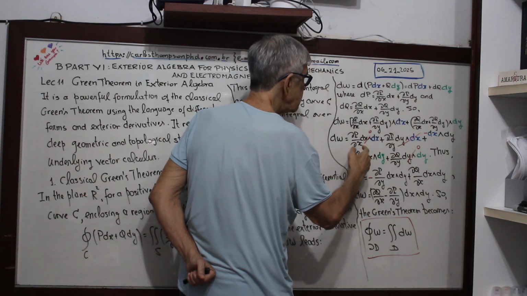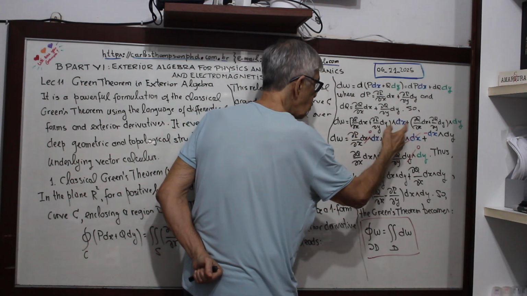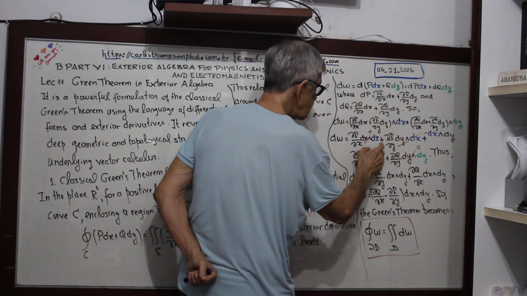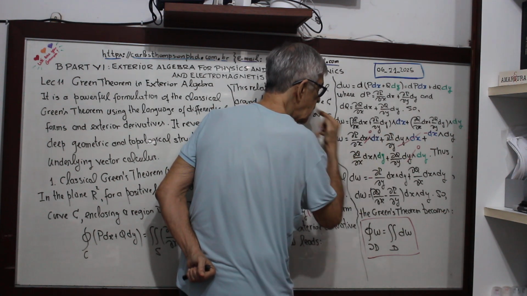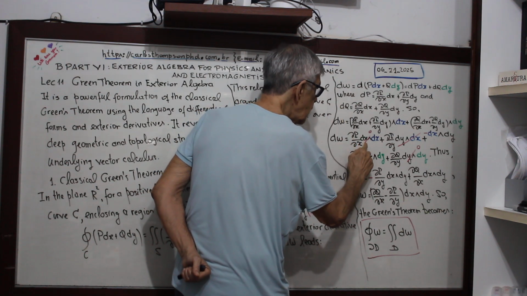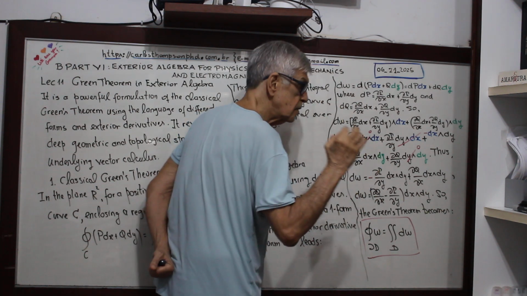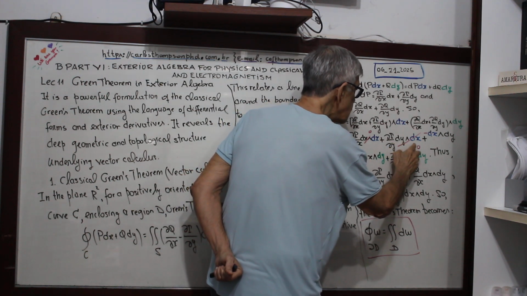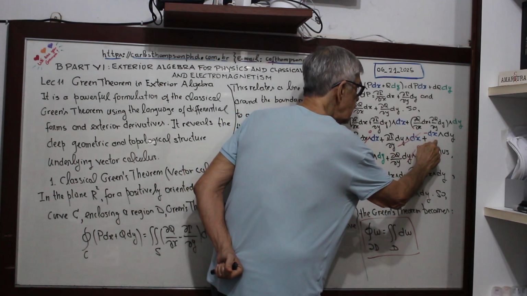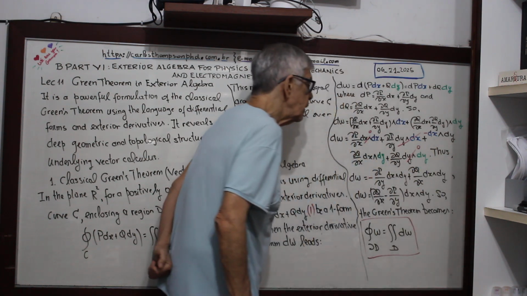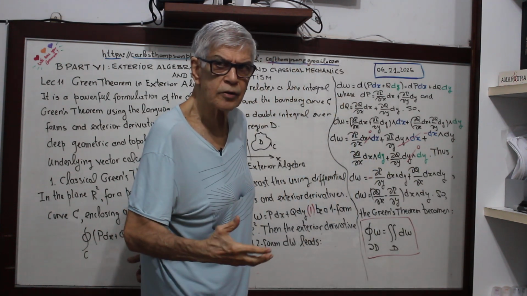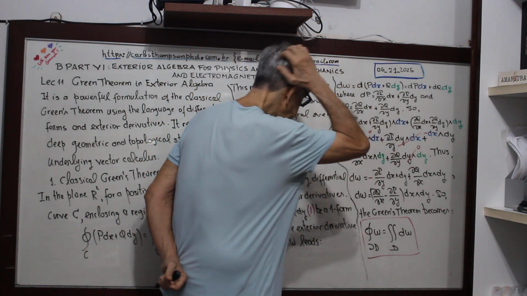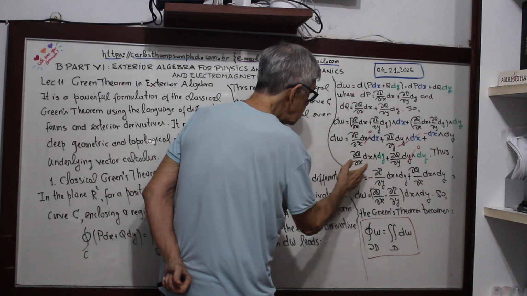Now I develop: dx wedge dx is 0, and dy wedge dx is minus dx wedge dy, because of the skew symmetry.